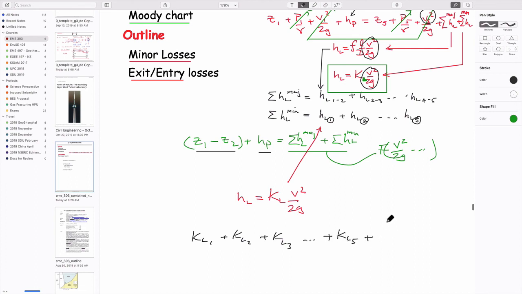And also the head losses in the pipe as friction factor, length over diameter of 1 to 2, 1 to 2, and 1 to 2, etc.